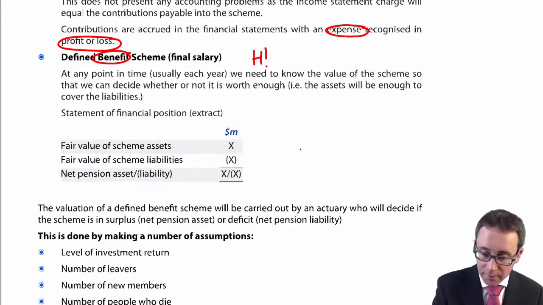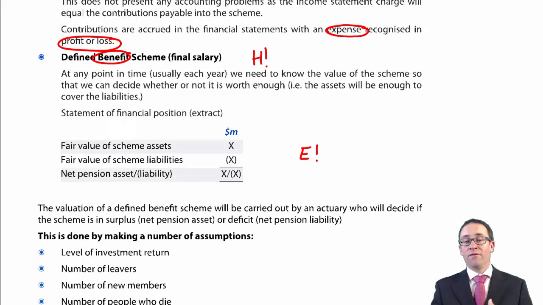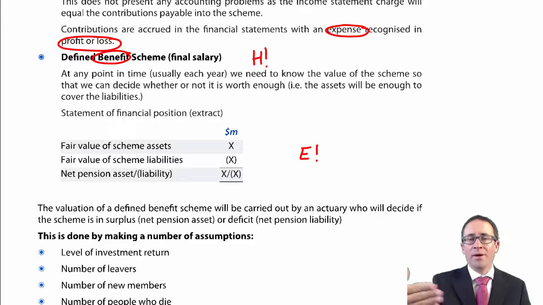So the first bit is pretty straightforward. If we go through there and look at the financial position, what you will be provided with within the exam is the fair value of the scheme assets, so the value of money that you invested in the stock market and wherever else it may be, say property, and the value of the scheme liabilities, so how much you owe the employees in however many years' time it comes to retirement.